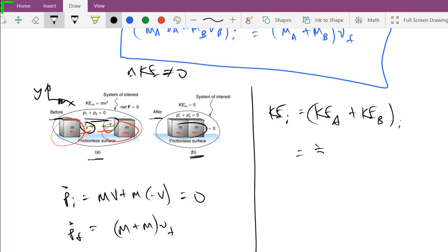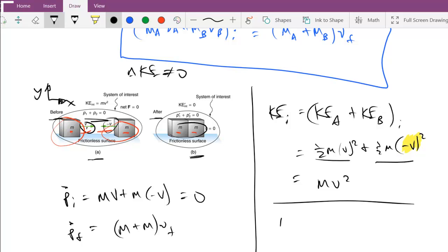So this is equal to 1/2 mass times v squared plus 1/2 mass times negative v squared. When I square this velocity, negative v squared is the same as v squared, right? The negative turns to a positive. So this is equal to 1/2 mv squared plus another 1/2 mv squared. This is just mv squared. That was our initial kinetic energy.